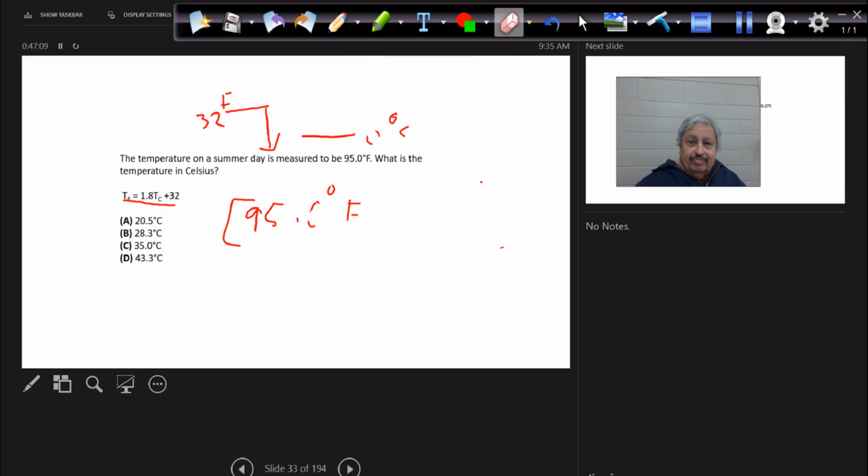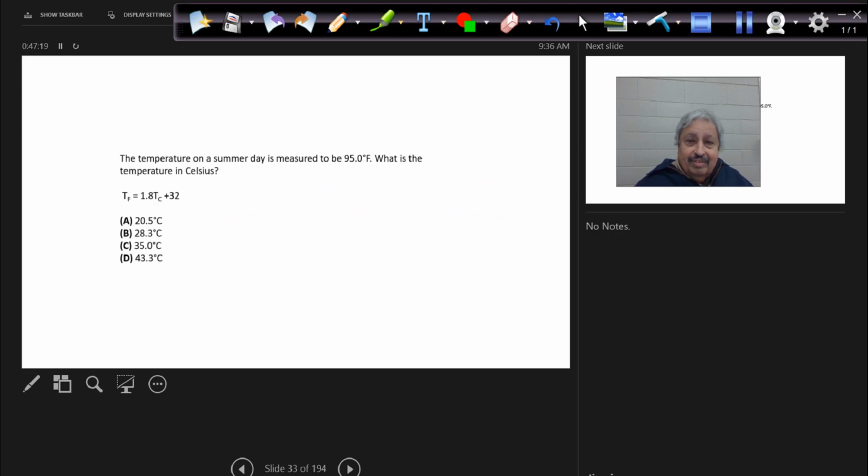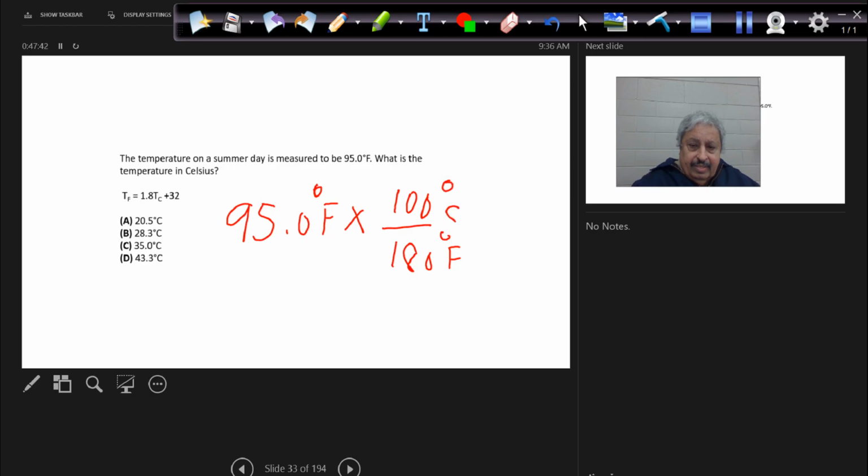I have 180 Fahrenheit to 100 centigrade Celsius.